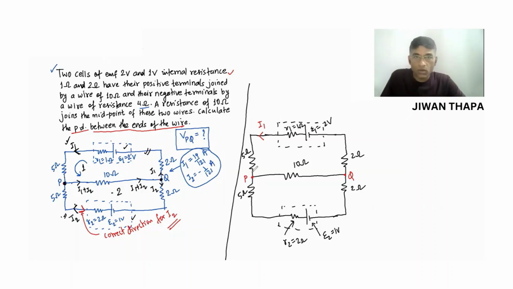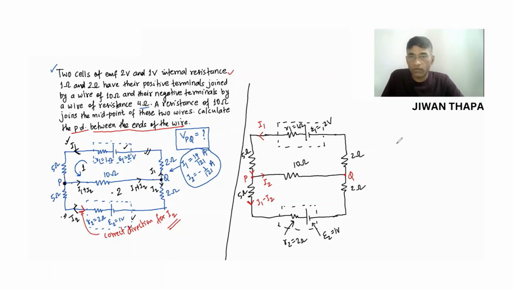Now current I1 on reaching junction P is divided into current I2 flowing along the branch PQ and the remaining current. The remaining current is I1 minus I2 flowing along this path.